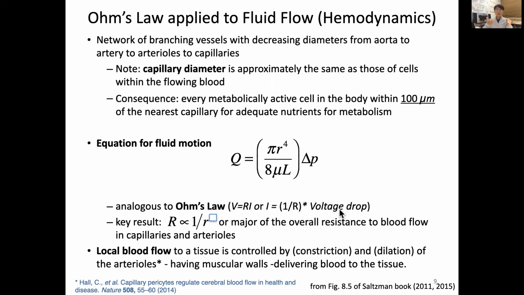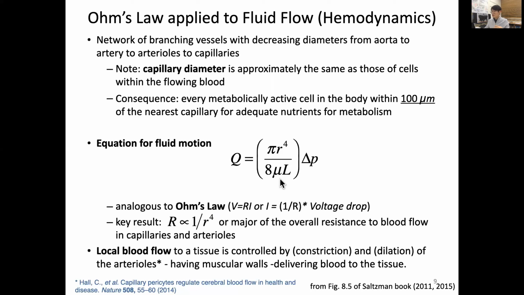What is the voltage drop or potential? It is the driving force for the electrons, the electric charges, to move. Similarly in fluid flow, the pressure difference makes the flow move. So this is the driving force, and flow rate is like a current. So this term you can consider as 1 over resistance. Here mu is the viscosity, L is the characteristic length, and R is the radius of a pipe.